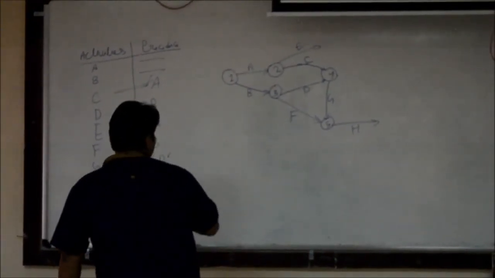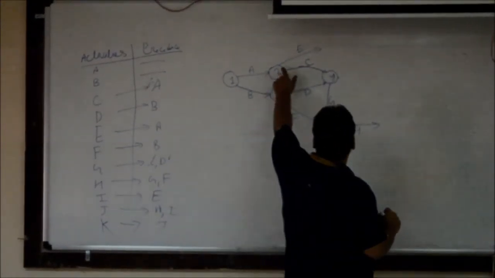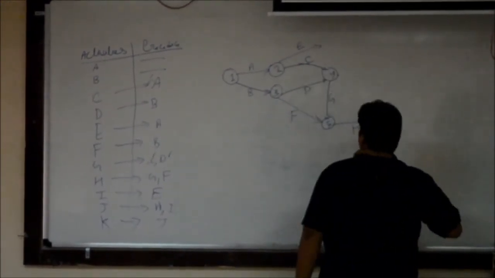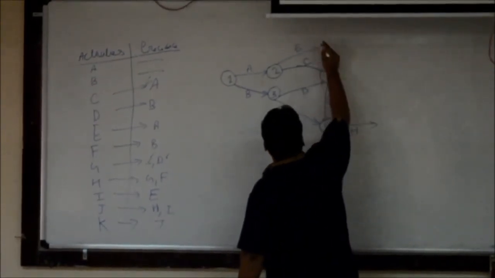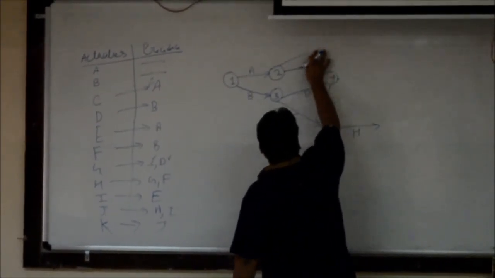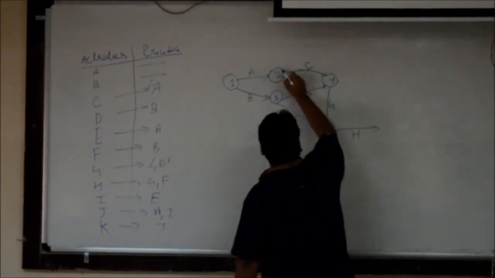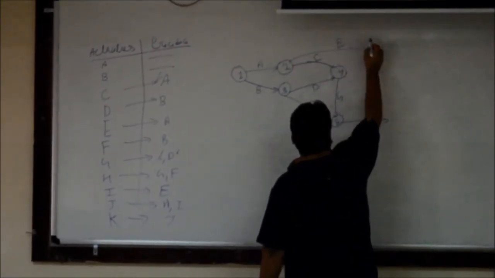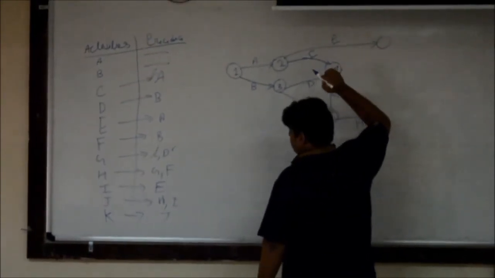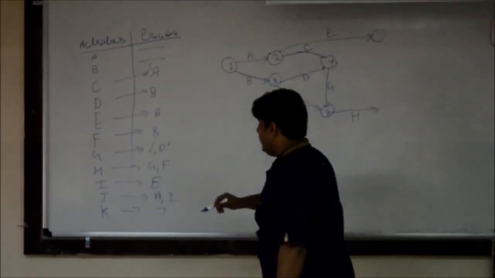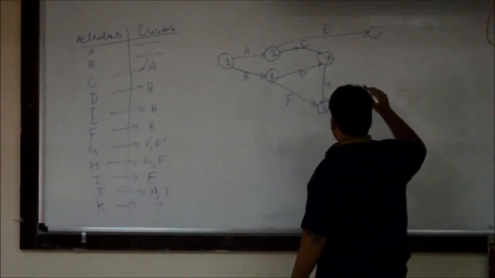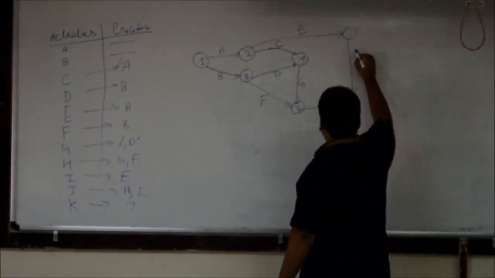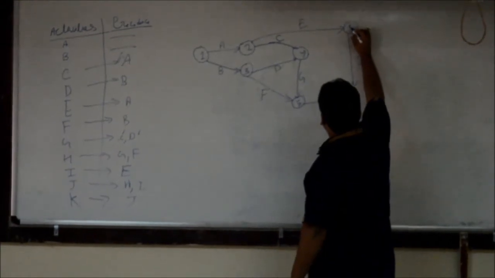So we look at this: after event 2 our activity E occurs. So again we have to make one event after activity E. After that event our activity I will occur. We will number it as 6.